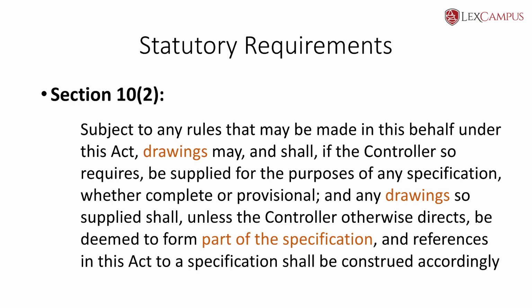Now, what do we understand when something is referred as a part of a specification? When something is referred to as a part of a specification, it simply means that that part is integral and that part could be used to interpret and construct the claims.